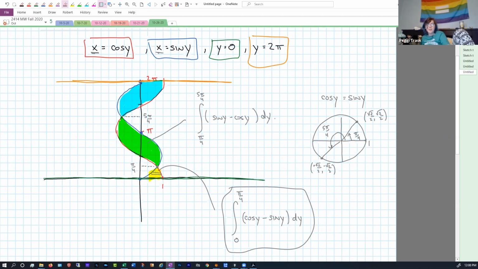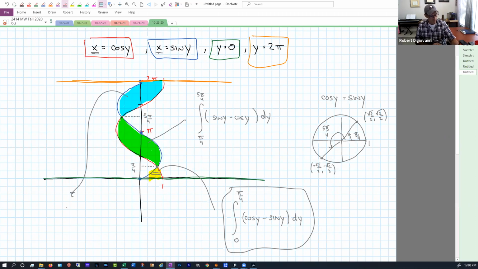There we go, right? So they flip places because the one on the right and the left switch places. And then the last integral, we just continue from 5 pi over 4 up to 2 pi. And we're back to like the yellow one. It's the cosine on the right and the sine on the left.